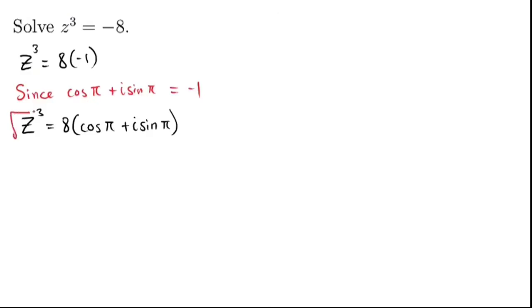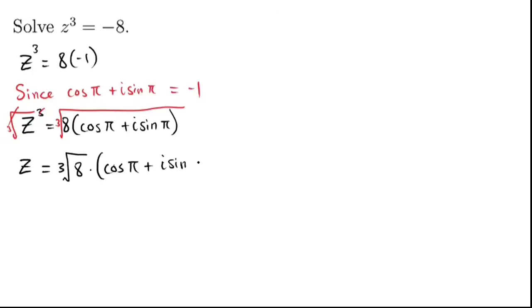The cube root cancels the cube on the left hand side, leaving us with only z. On the right hand side, we have the cube root of 8 multiplied by, now remember, cube root is the same as a power of 1/3, so this is open bracket cos pi plus i sine pi raised to the power 1/3.